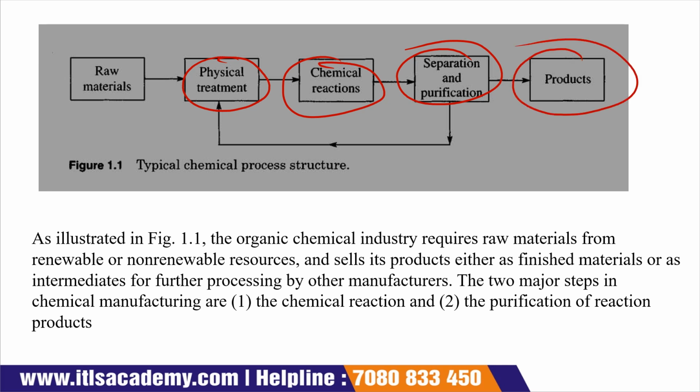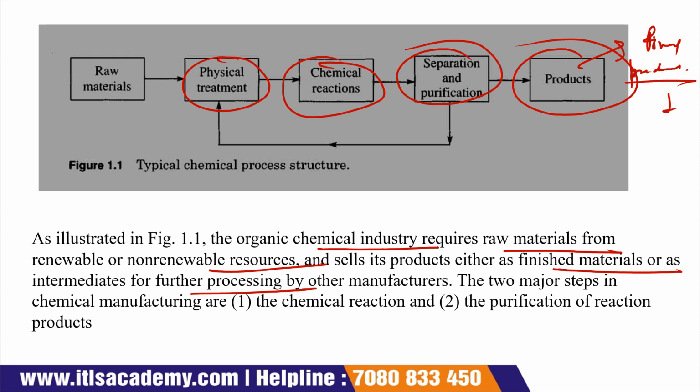So in this figure, the organic chemical industry requires raw material from renewable and non-renewable sources and sells its product either as a finished material or as an intermediate for further processing. Okay, so either this product is considered as a final product and sold as it is, or it will be considered as an intermediate.